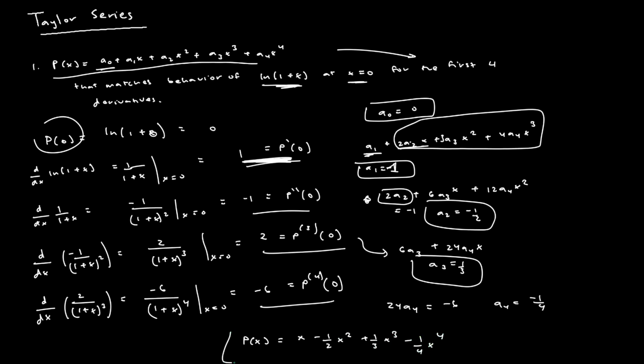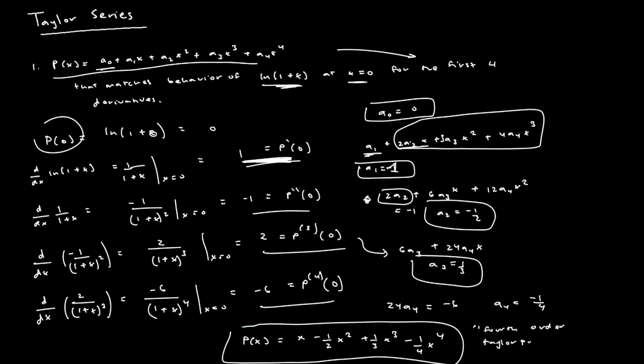And so what we constructed right here is actually known as the fourth order Taylor polynomial of the natural log of 1 plus x at x equals 0.